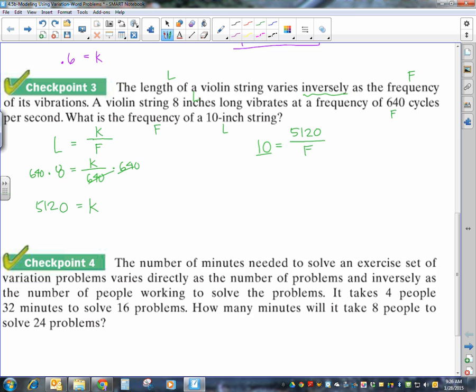So this I probably would put over 1 and cross multiply, which gives me 10F equals 5120, and then we divide both sides by 10. So we will get an answer of 512. What is the frequency? And frequency is measured in cycles per second. So my answer will be cycles per second.